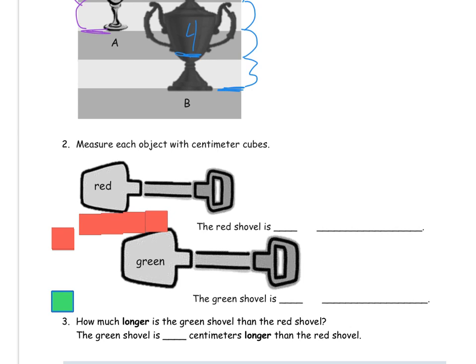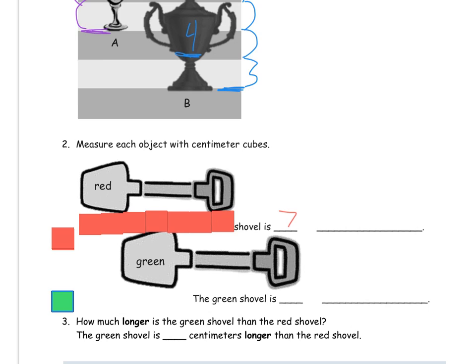And I don't want to overlap these. So that looks like the red shovel is 7. And when we say 7 what?